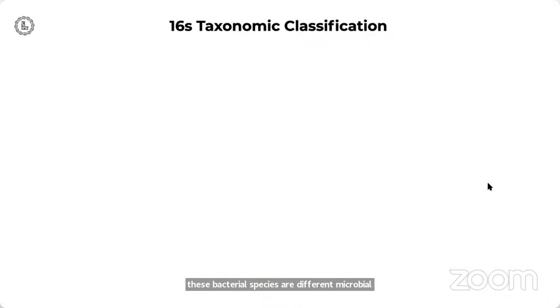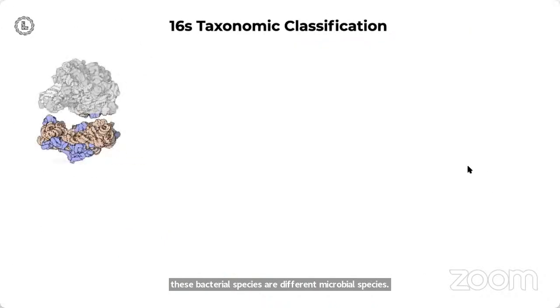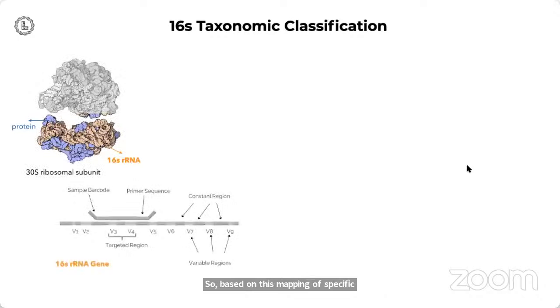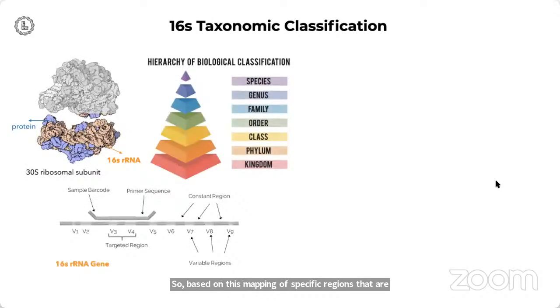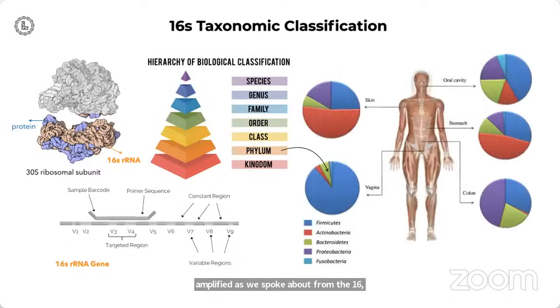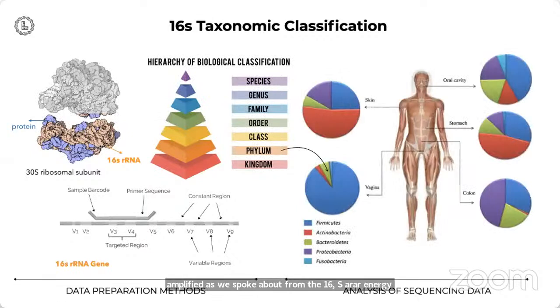So based on this mapping of specific regions that are amplified, as we already spoke about, from the 16S rRNA gene in the bacterial ribosome, these ASVs or OTUs can be assigned to specific taxonomic classes of bacteria, and this will help us quantify the proportionate abundance level of these bacteria in this community.